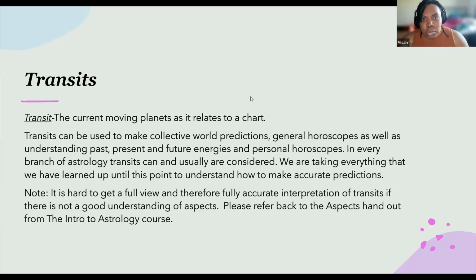I'll also do my best, since we're doing pretty good on time, to talk about any questions that we have about aspects if you have them. Melissa asked, so Venus and Sag would be conflicting as well, right?